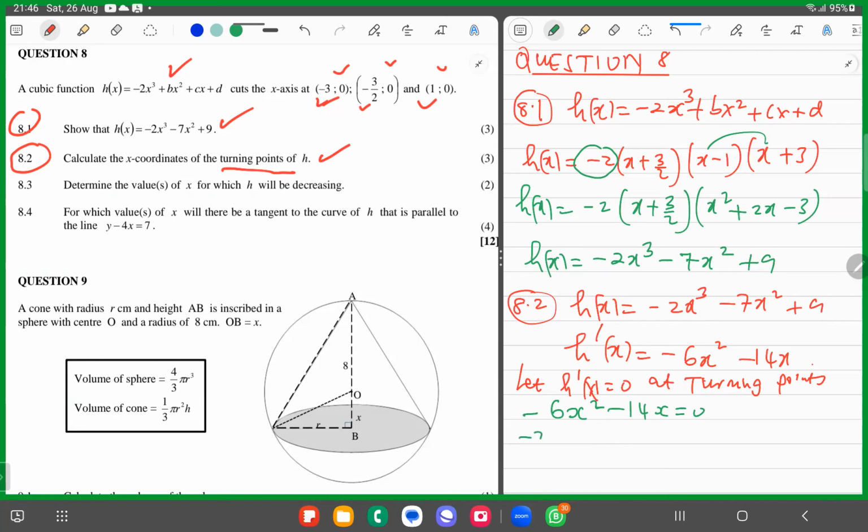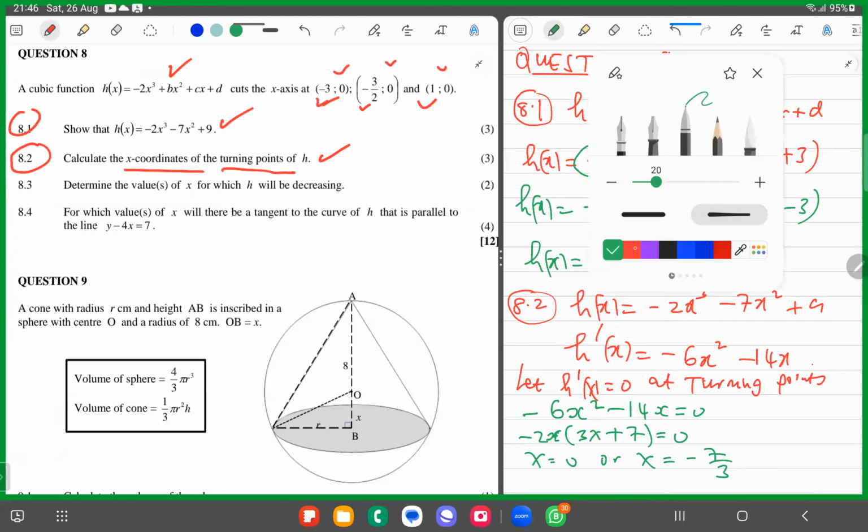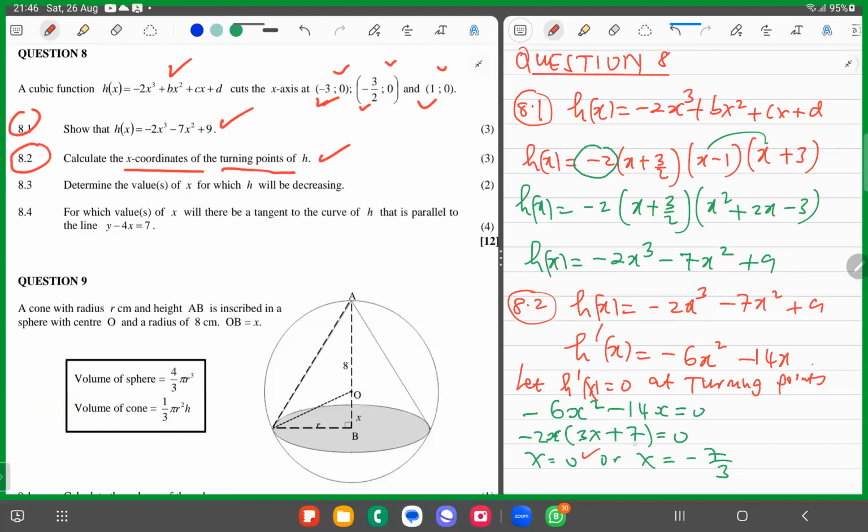Common factor, minus 2x, which is 3x plus 7 equals 0. So x equals 0 or minus 7 over 3. So they ask to determine the x coordinates of the turning points. So there are 2 of them, the x coordinates of the turning points. The x equal to 0 or x equal to minus 7 over 3.